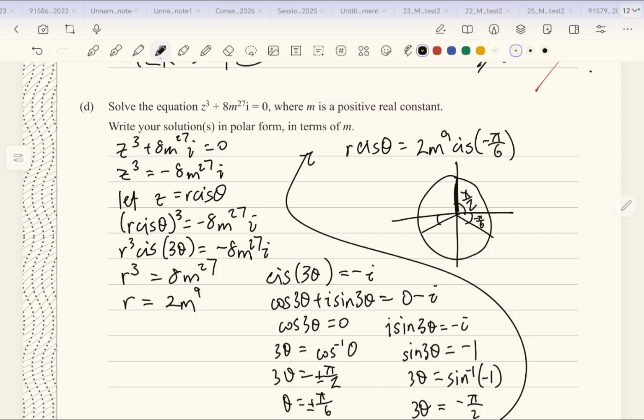And this angle should be pi plus pi on 6. Or if we can't go over pi, if this is negative pi on 6, this must be negative 5 pi on 6, or negative pi minus negative pi on 6.